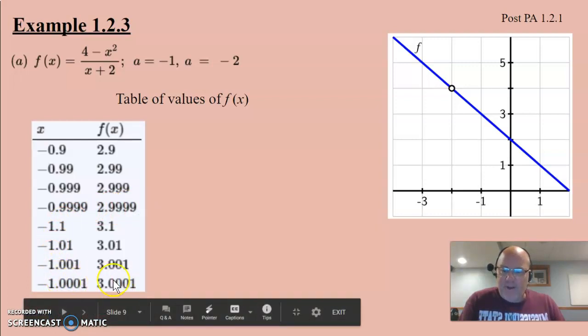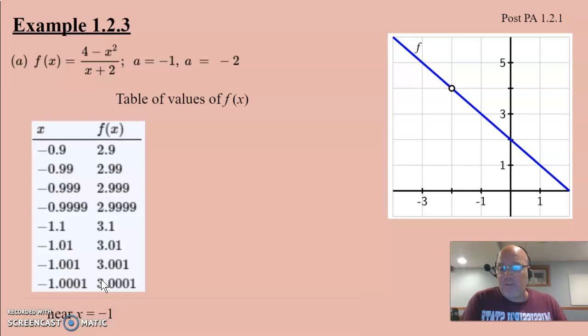As I get infinitely close to -1 from the left-hand side, the output is approaching 3.0001, which we're going to call 3. So as long as we see that this value and this value match, or are pretty darn close to each other, then it's safe to assume that there is a limit as x approaches -1 of f of x, and that limit is going to be 3.